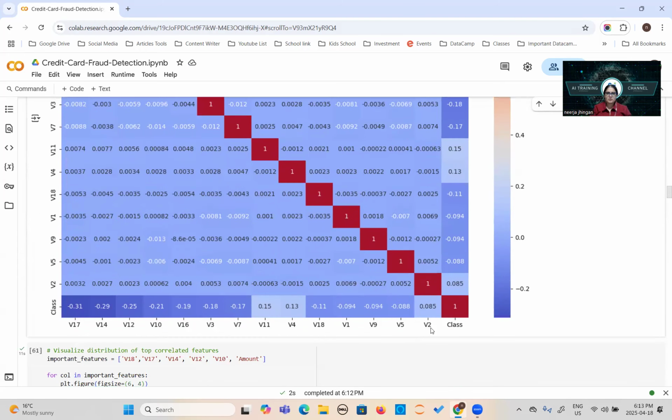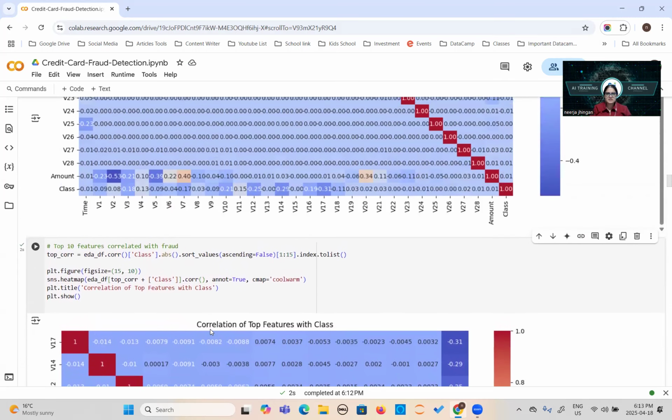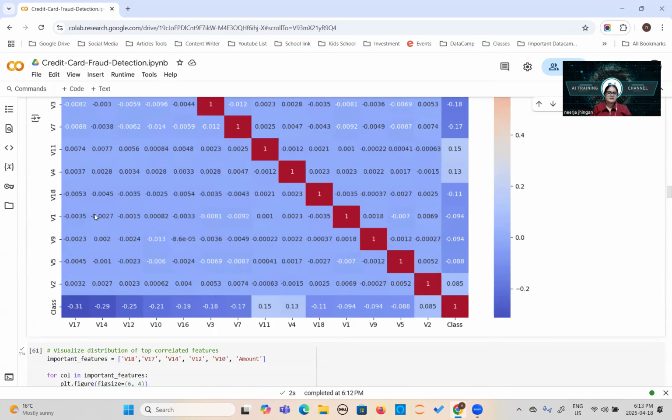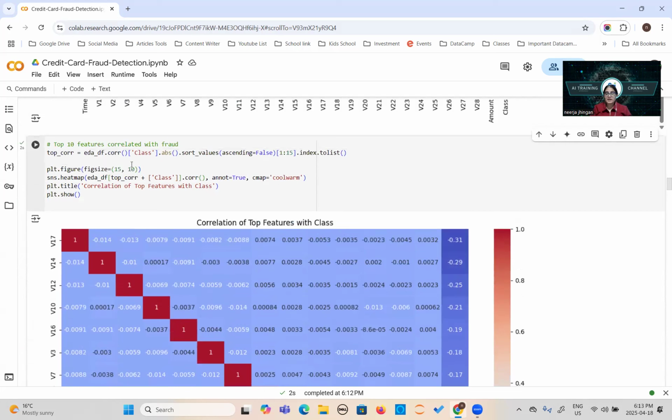So it is showing now from V2, and it is showing you very clearly all the values. If you don't want to consider all 28 features, because it doesn't seem that all features are highly correlated with each other, right? And here I did not consider the time and amount as well. I'm only considering from this to this one.